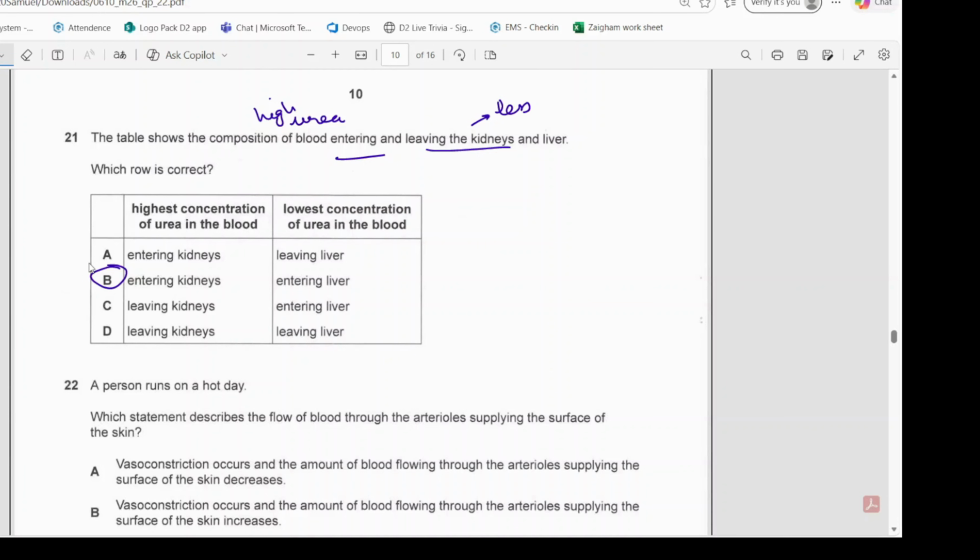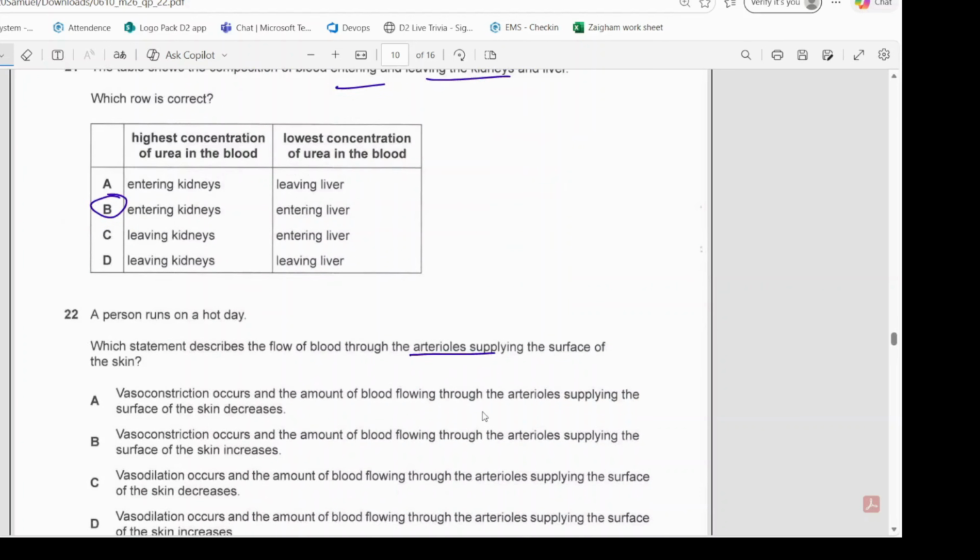A person runs on a hot day, and what statement describes the flow of blood through the arterioles supplying the surface of the skin? First thing, which process would occur? Vasoconstriction or vasodilation? Vasodilation. So what is the purpose of vasodilation?